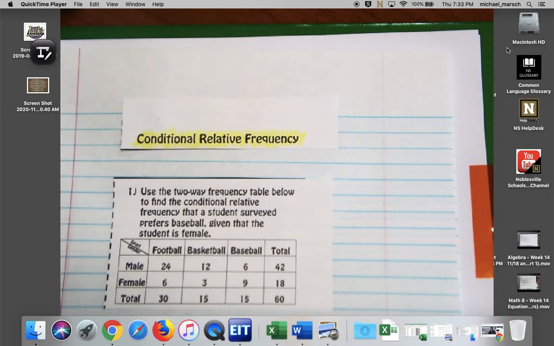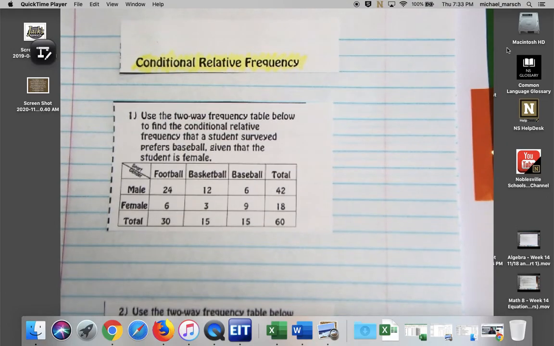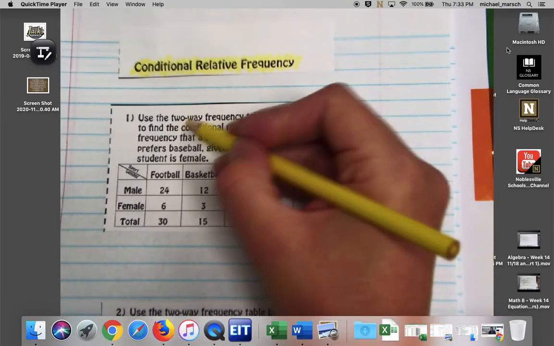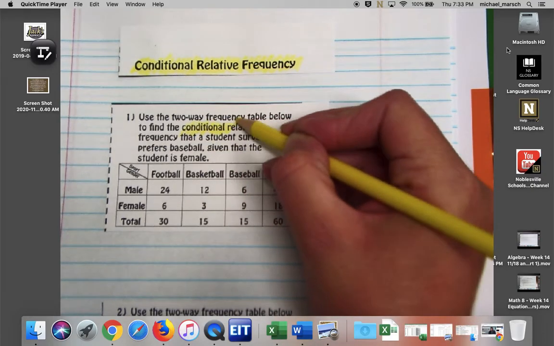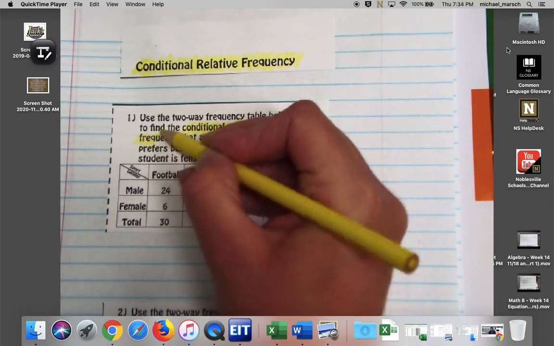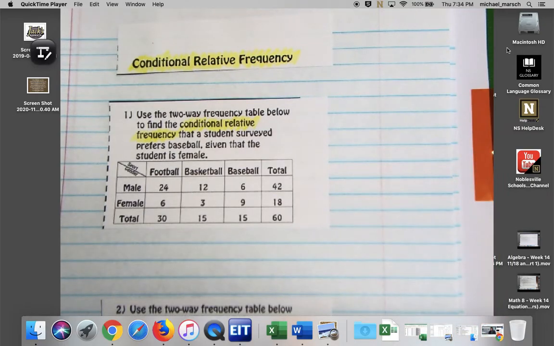So conditional relative frequency. Whew, just jump right into it. Use the two-way frequency table below to find the conditional relative frequency that a student surveyed prefers baseball given that the student is female. Okay, so there's a lot happening here.